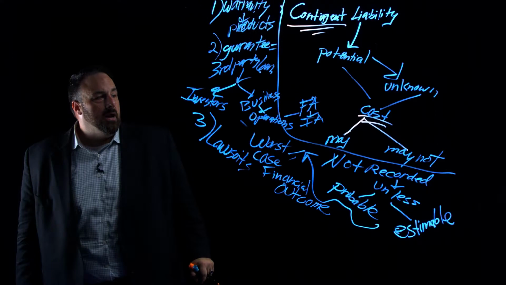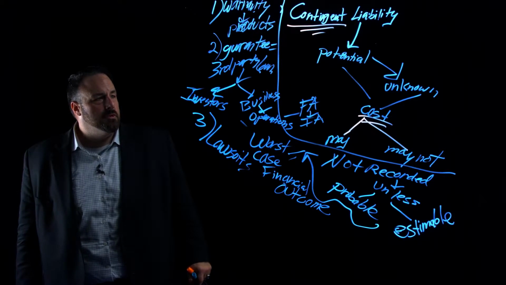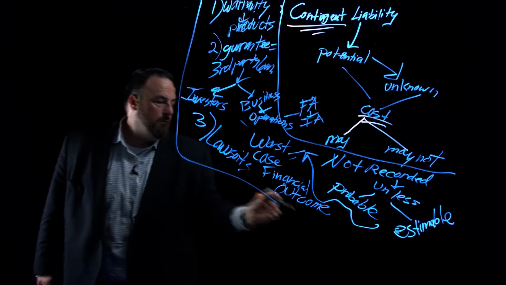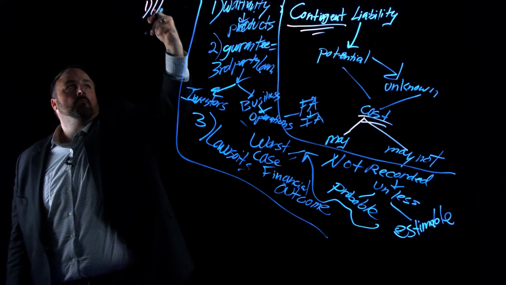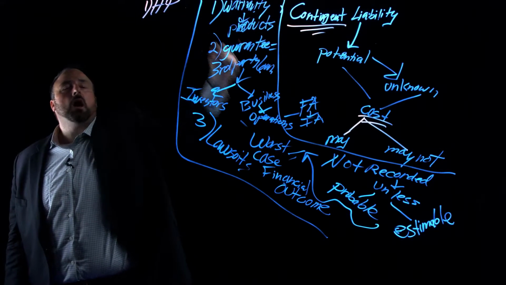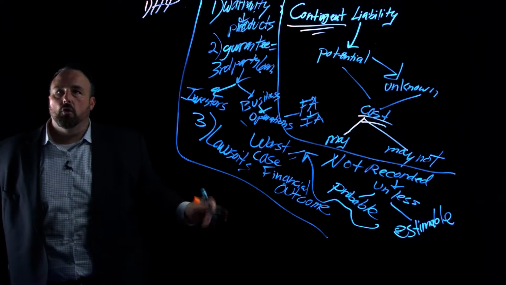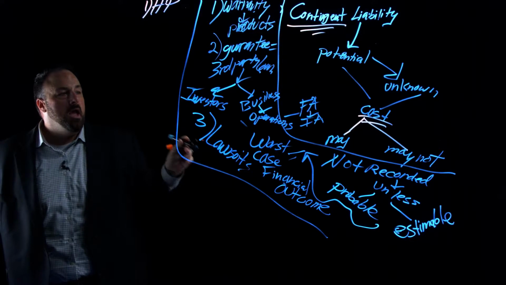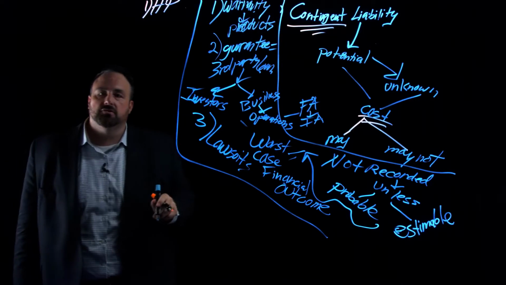All right? Now, there are three categories of contingent liabilities. Number one is called high probability. Now, high probability are the costs that actually can be estimated, and the loss must be disclosed and described on the financial statements.